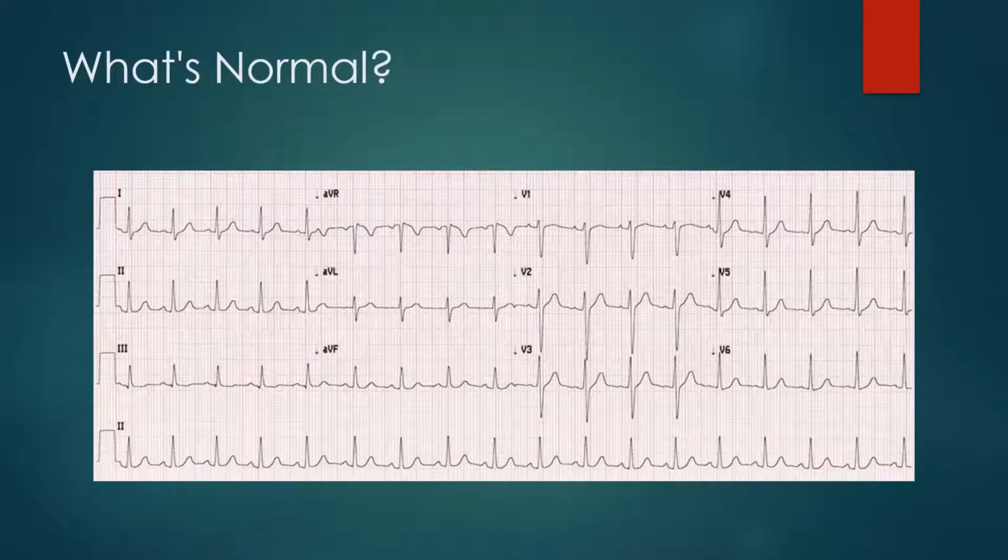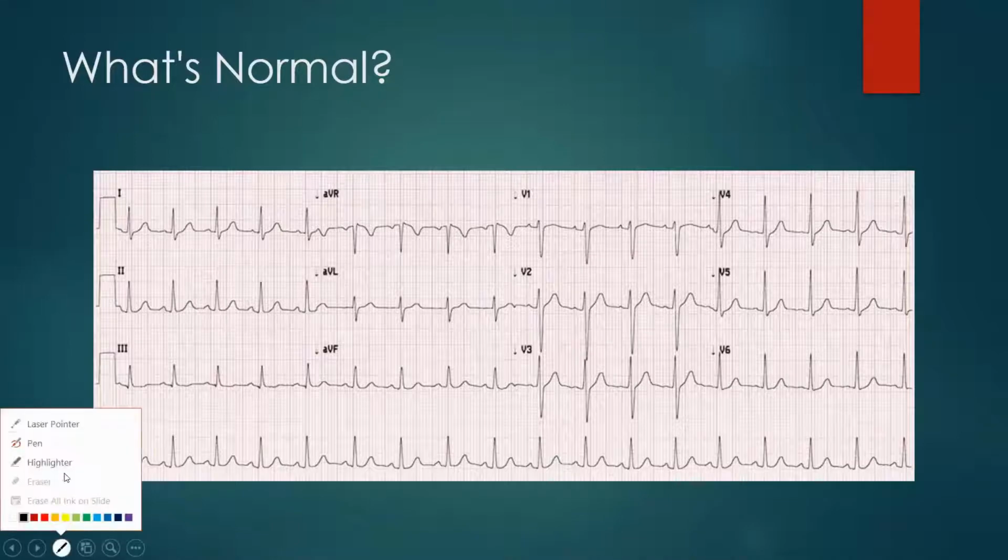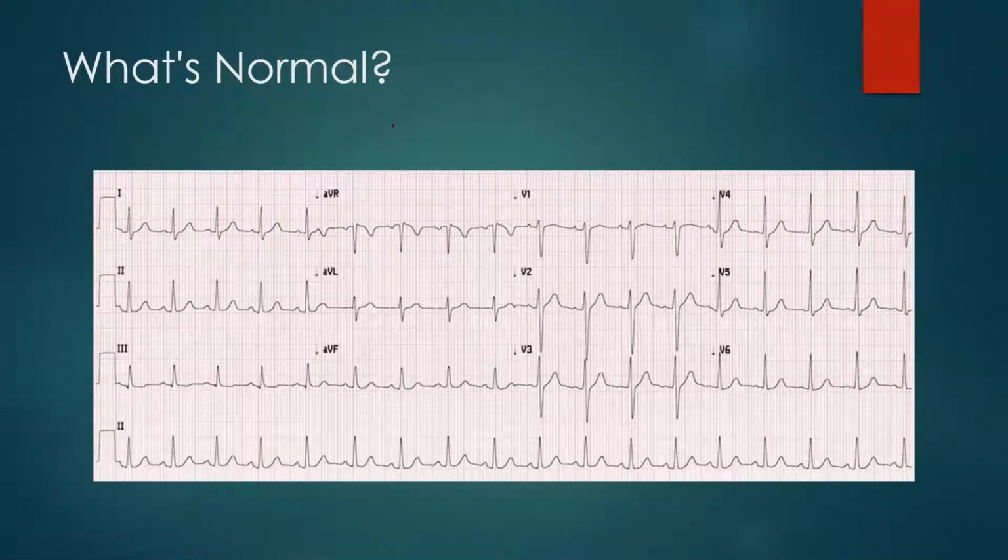Every medic has a slightly different way of looking at it. I personally look at V1 first. I look for my width, the numbers that are given. At the top of the LifePak 12, you'll see the QRS duration say like 0.13, or 0.12.